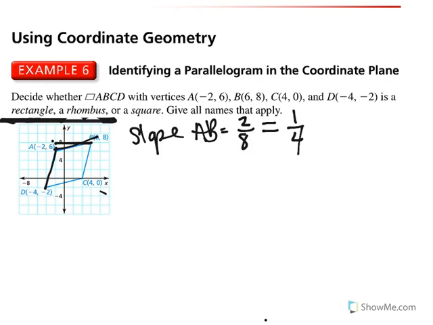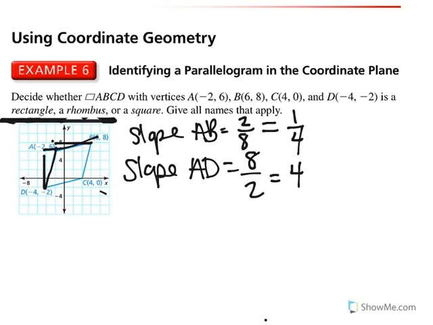Okay, so now I'm going to do the slope of AD. Okay. So my rise, 2, 4, 6, 8 over 2, which reduces to 4.